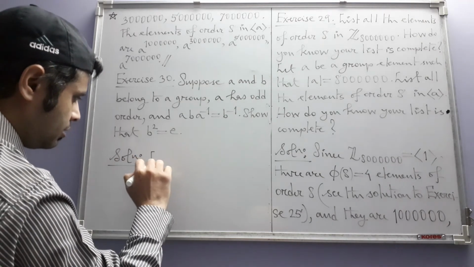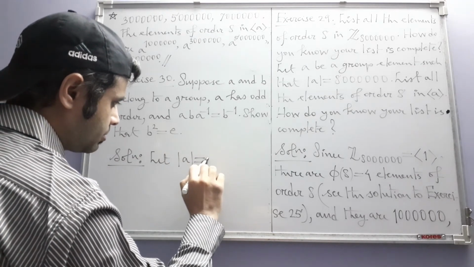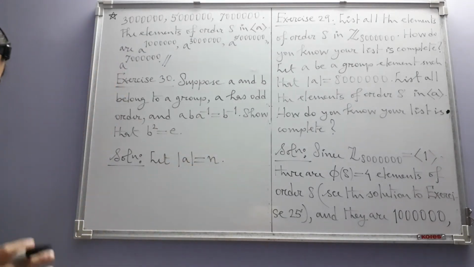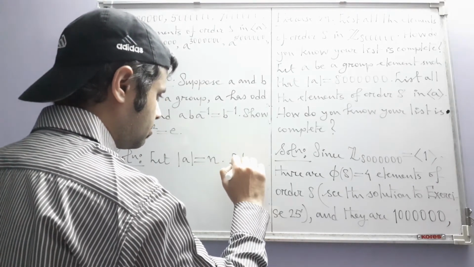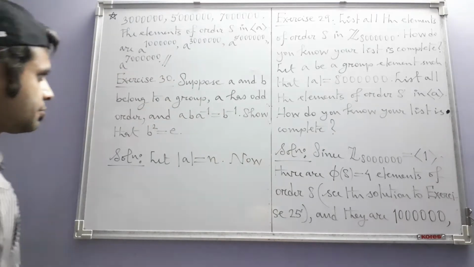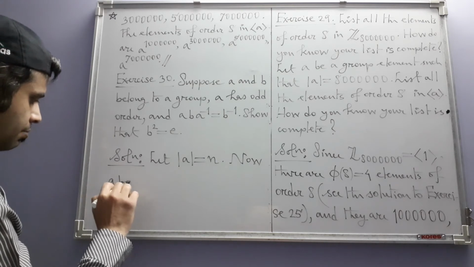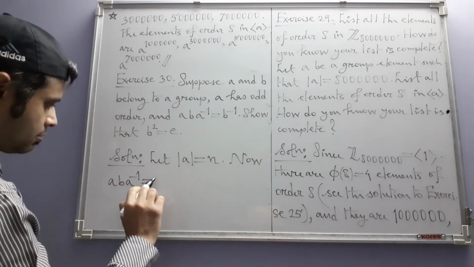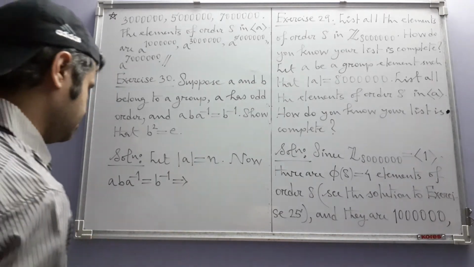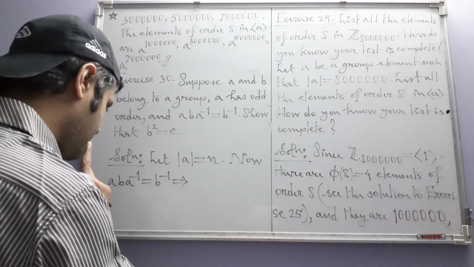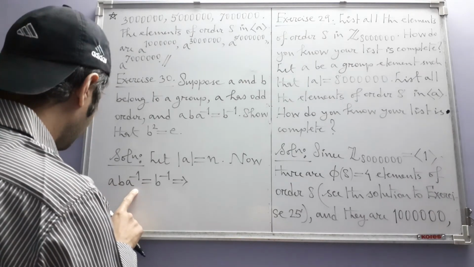Let the order of a be equal to n, which is a positive integer and it's odd according to the hypothesis. Now a b a inverse equal to b inverse implies what? If we multiply both sides, no, not like that.